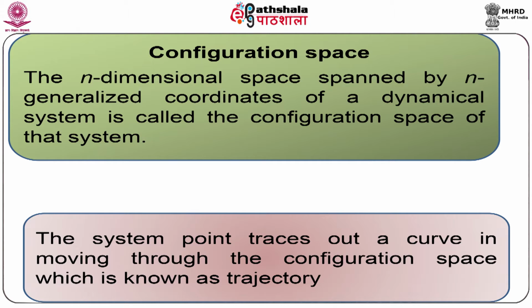The n dimensional space spanned by these n generalized coordinates of a dynamical system is called the configuration space of that system. The state of the system changes with time and the system point traces out a curve in moving through the configuration space. The curve traced out by the system point is known as trajectory or the path of the motion of the dynamical system.